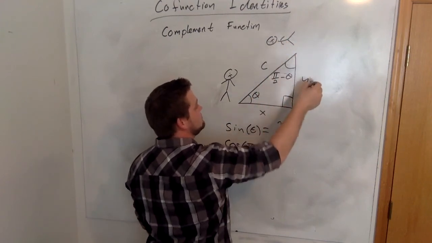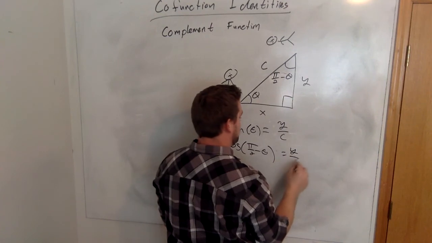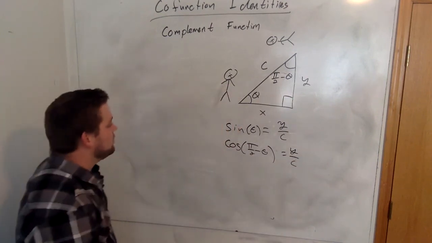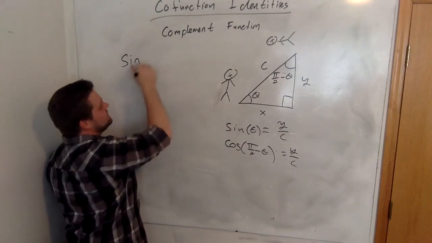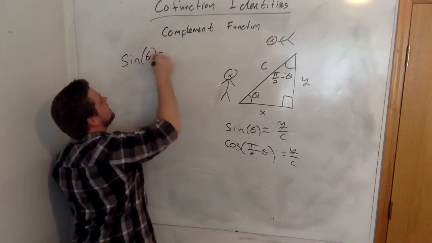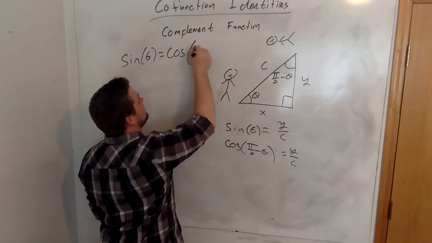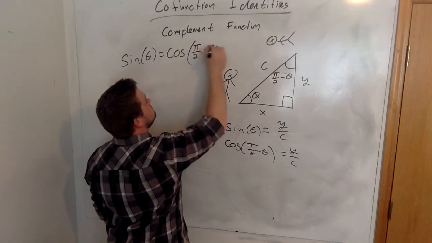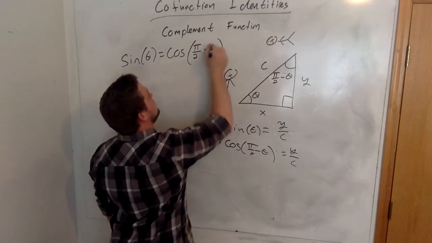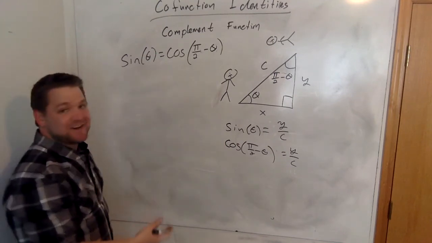Since I'm standing here, this is now the adjacent side from this perspective. So it's still going to be y over c. So what we have here is our first cofunction identity, that sine of theta is equivalent to the cosine of the complement angle. And that's where it gets its name, cosine. It's like the complement of sine.